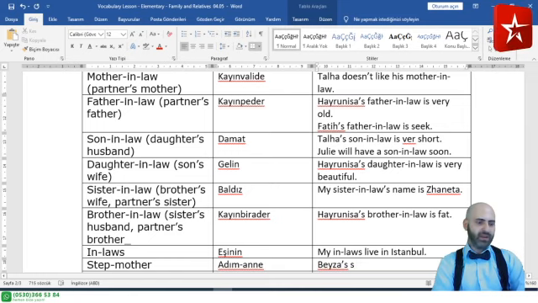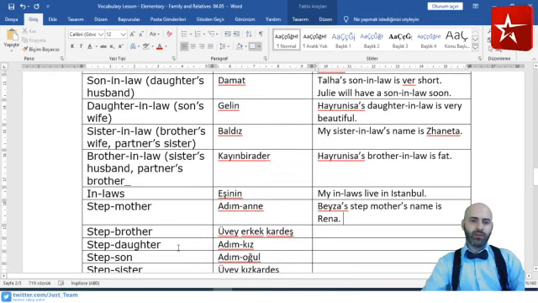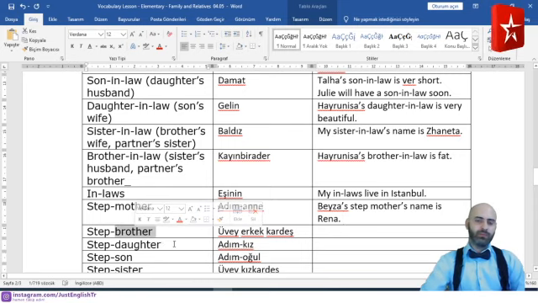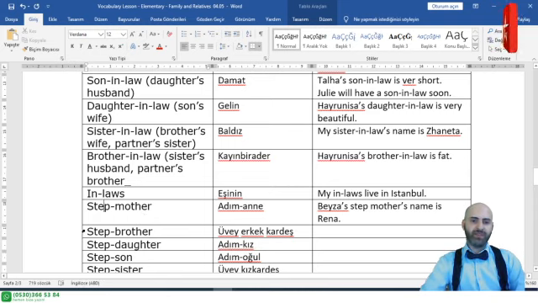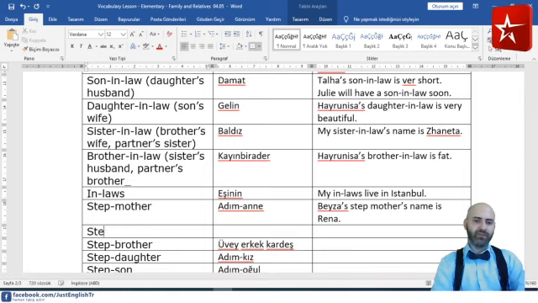Beyza's stepmother's name is Rena. Stepmother, and of course we have stepfather. Let me add this one. Stepfather, I forgot.